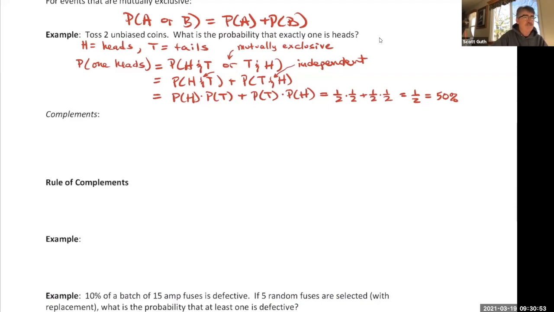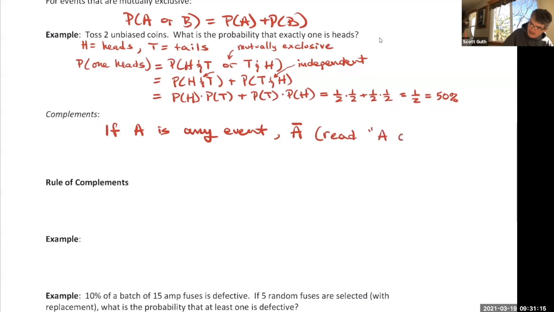So we just say if A is an event, any event, A complement, so you read that A complement, but we just write it as an A bar.